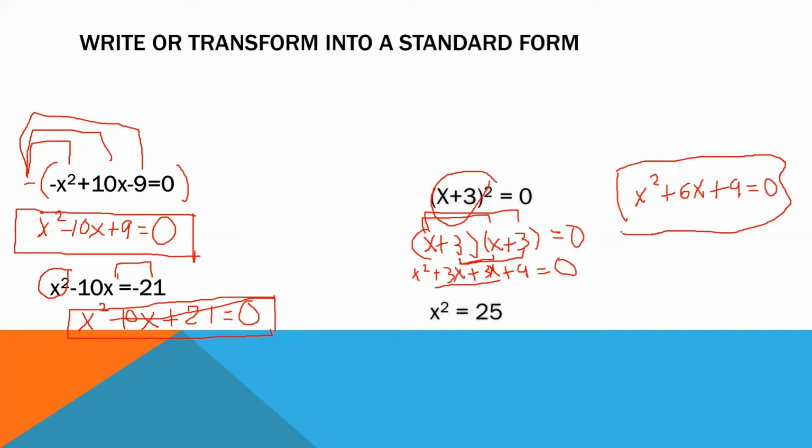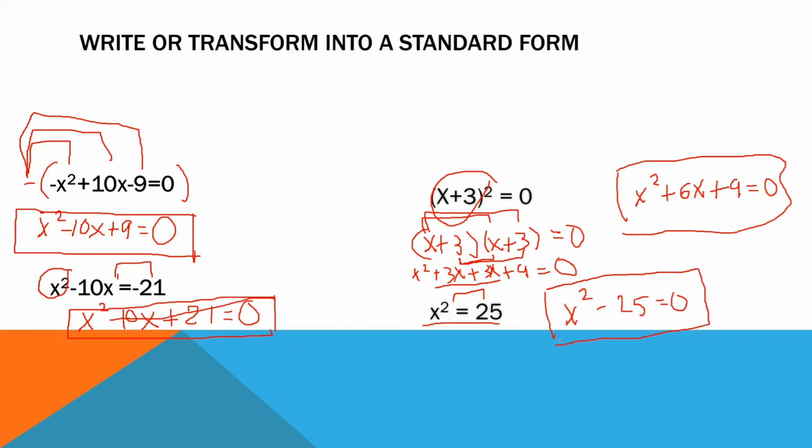Next is this x squared is equal to 25. So paano ba natin gagawin standard form? So transpose lang natin. So x squared minus 25 is equal to 0. Ayan. So if you are going to ask me, bakit po wala po yung ating linear term?